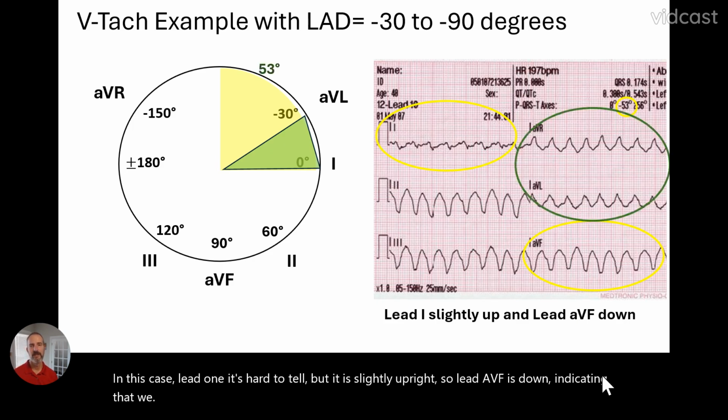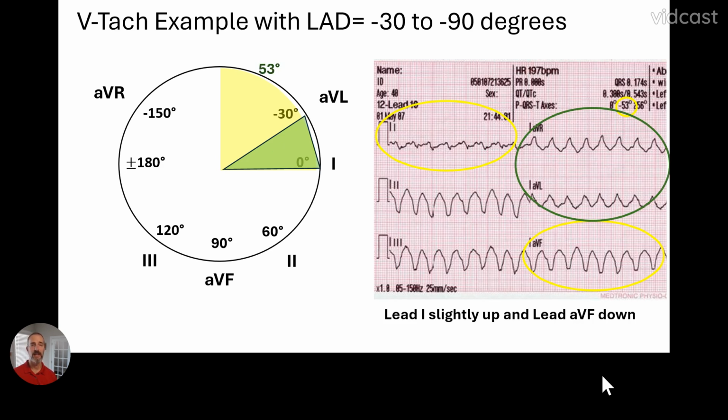Another tool you can use is that AVL and AVR are upright. That gives you an idea of how you can use the 12 lead to identify the axis and get an idea of what's going on with your patient.